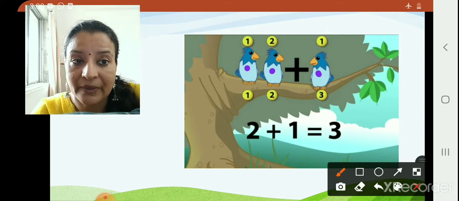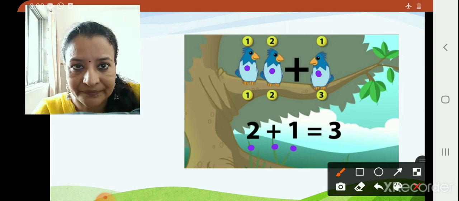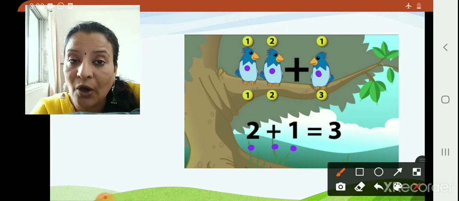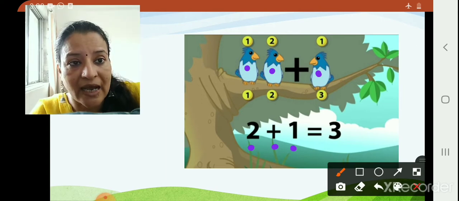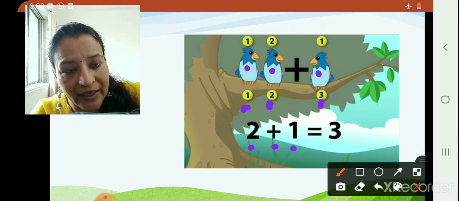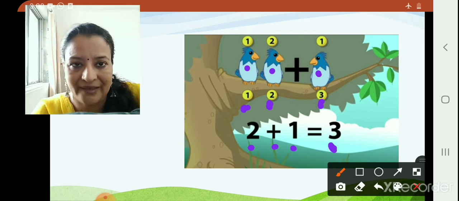So what does it mean? 2 plus 1, isn't it? Two birds and one bird. Now we are going to add. So how are we going to count? You will start 1, 2, 3. So the answer is 3.